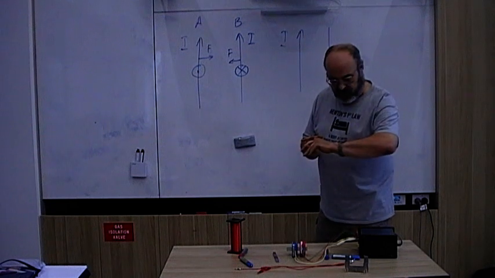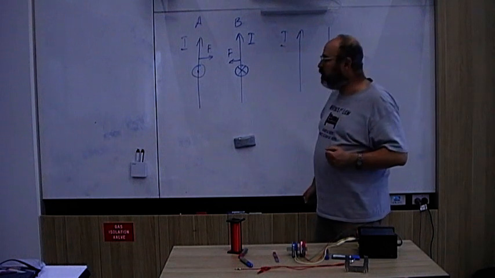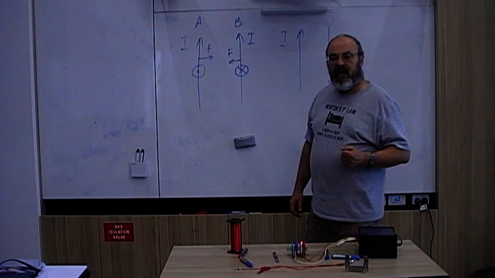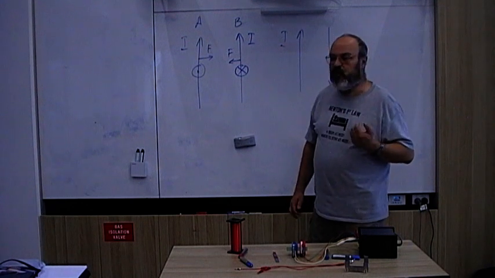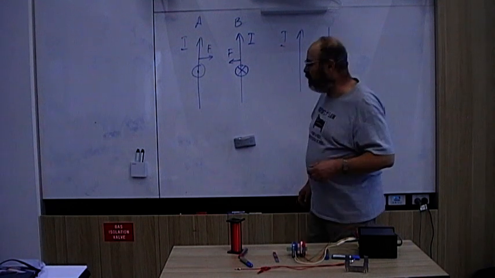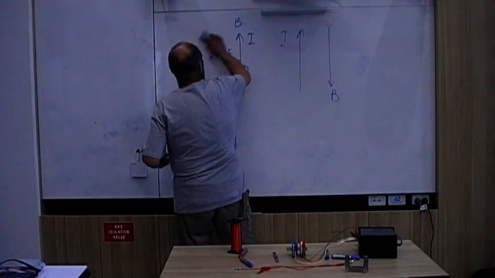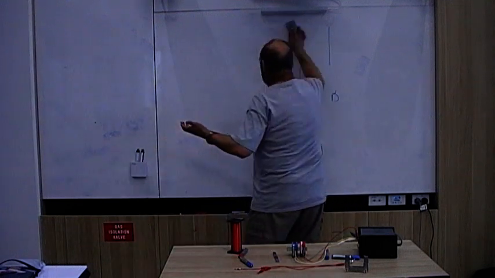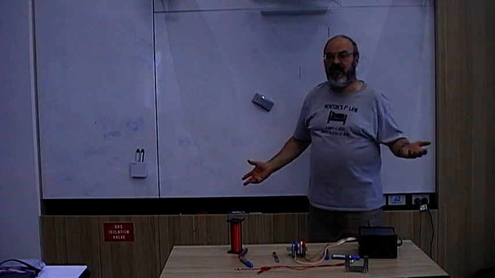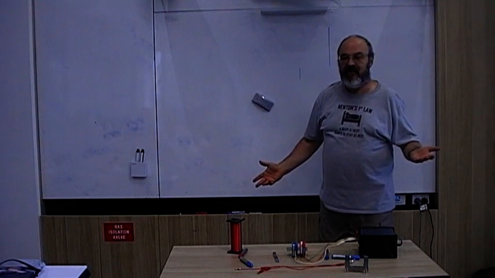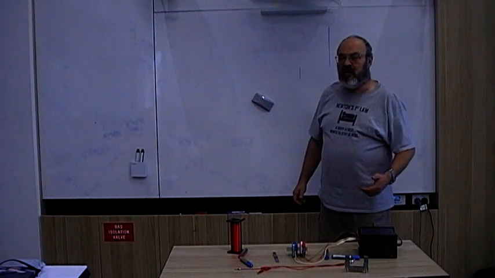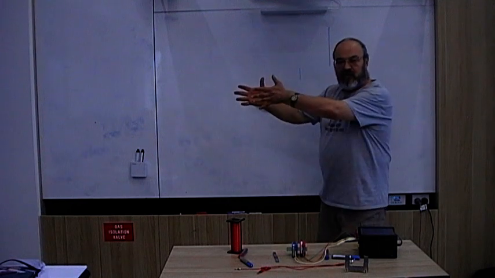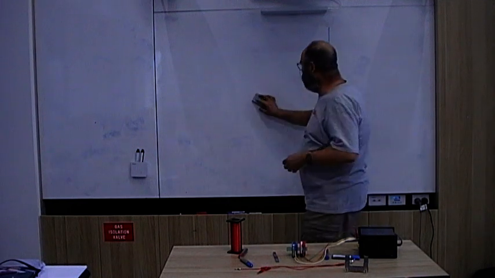And the last bit of the theory for today: how the magnetic field will act on a charge moving in the magnetic field. Because moving charge, what is electric current? Moving charges, the overall net motion of the charges.